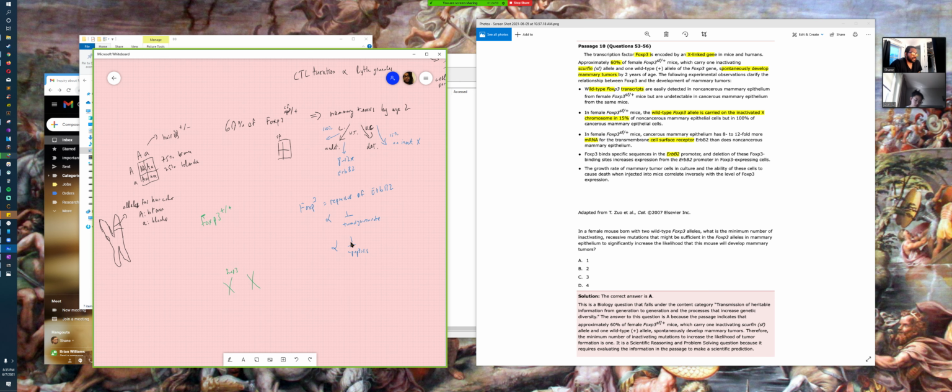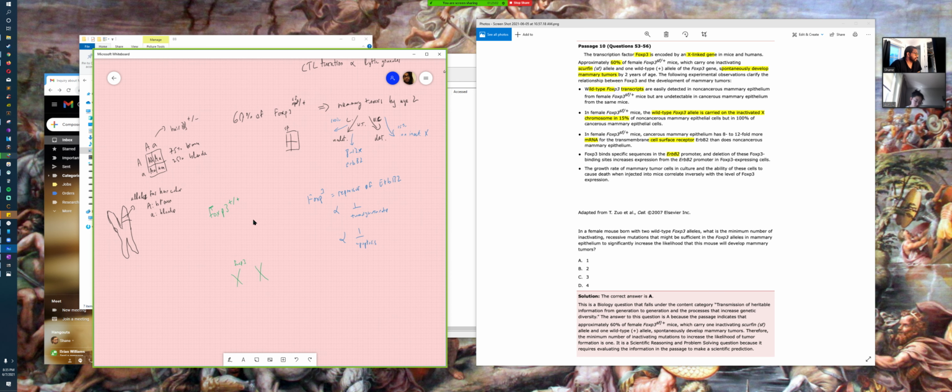What's the minimum number of SF alleles that this mouse can have to significantly increase the likelihood of developing mammary tumors? I guess the logical way is reading the passage. You just said that if it carries one inactivating allele, then 60% of them will develop tumors, so minimally you need one.